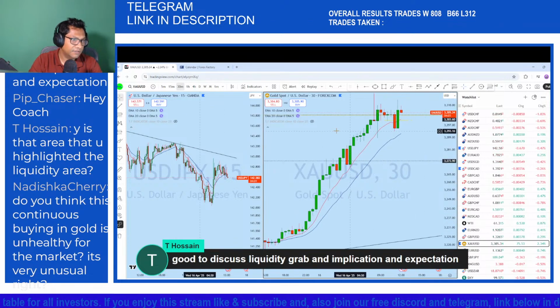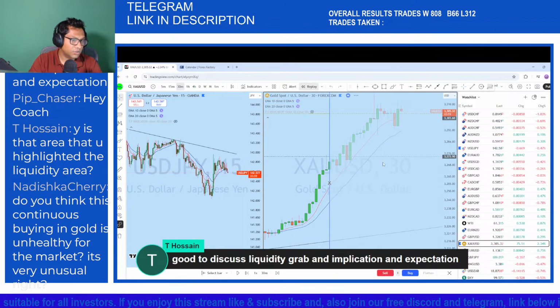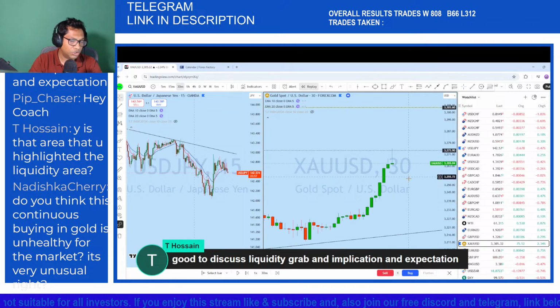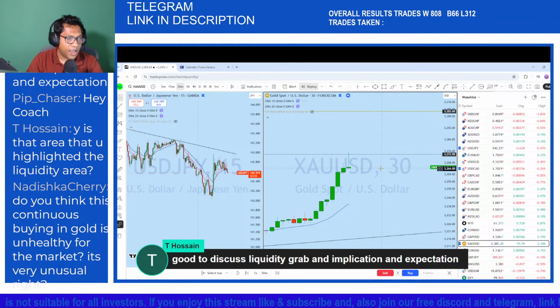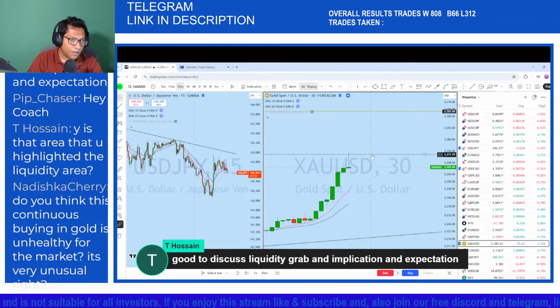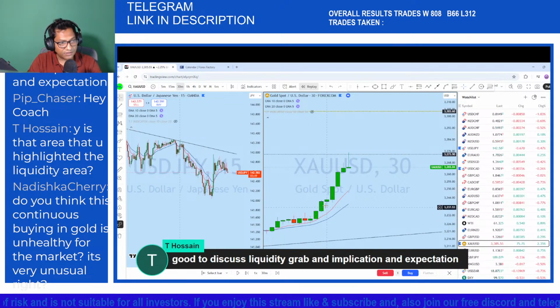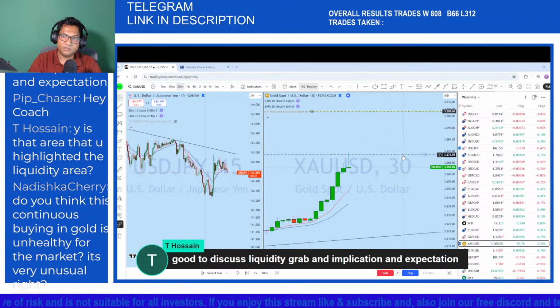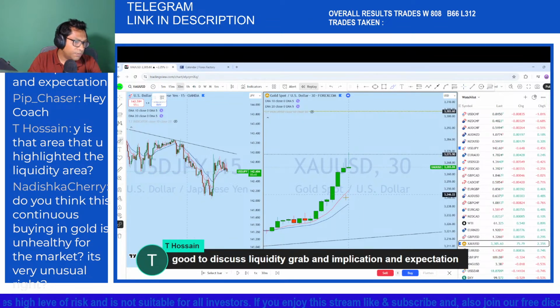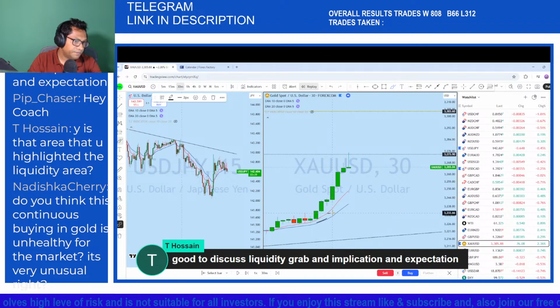Let's understand it. If you look here, you can see that this is a doji formation here, and when we see a market like that, or I'd say fully bullish, all those buyers who bought are moving their stop loss along the way, right?